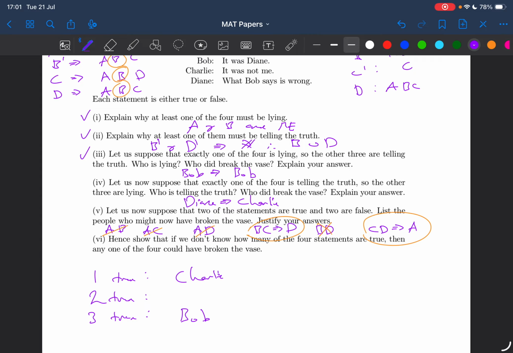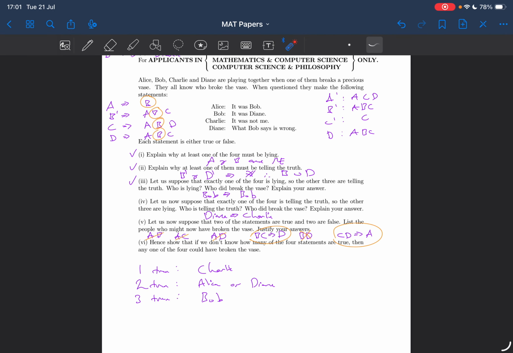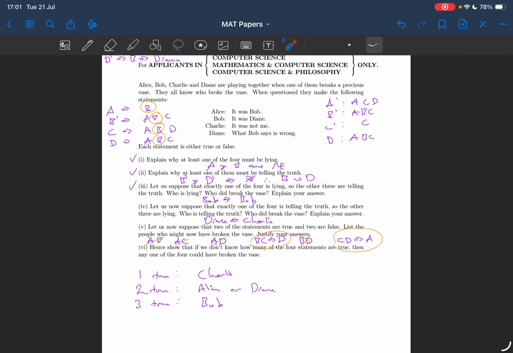And if we have two of them telling the truth, then it's either going to be Alice or Diane. Nice, that's useful. Is that all correct? It's only one mark for that last one. Just listing these out is good.